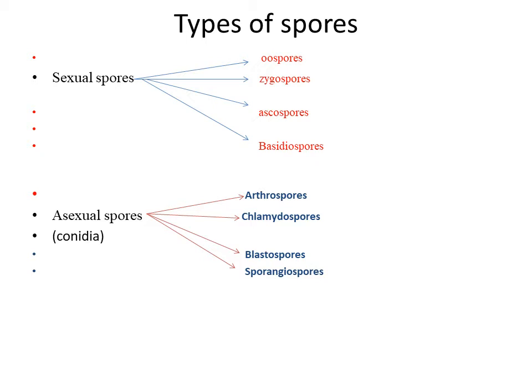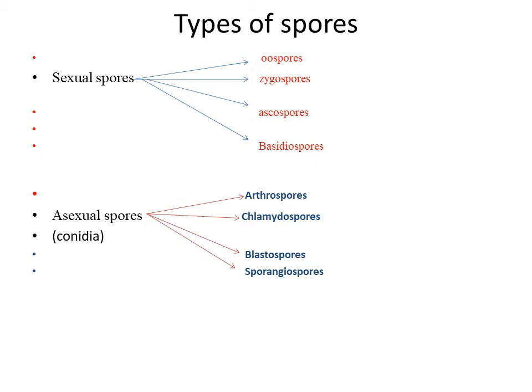Let's move to talking about types of asexual spores. Conidia. Conidia are asexual spores formed from the side or end of a specialized structure. Their properties like color, shape, and arrangement are important in the identification of fungi.